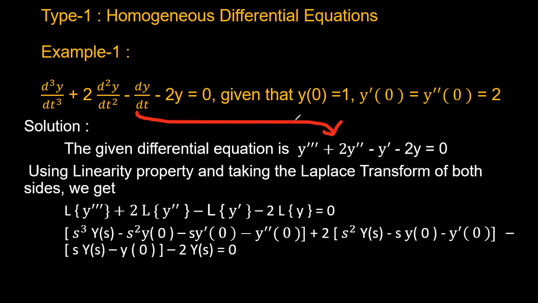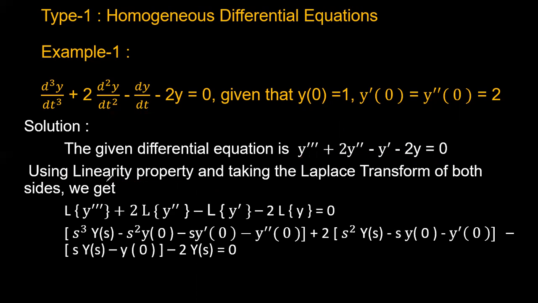Then what we have to do next? Step 1 is applying the Laplace transform to the given differential equation on both sides. Using the linearity property, the Laplace transform of the combined differential equation can be divided into the sum of the Laplace transforms of the individual functions.